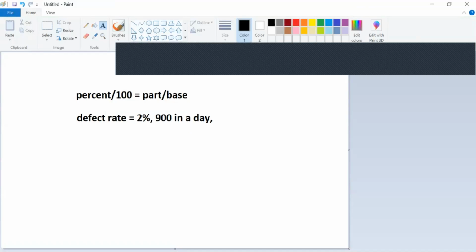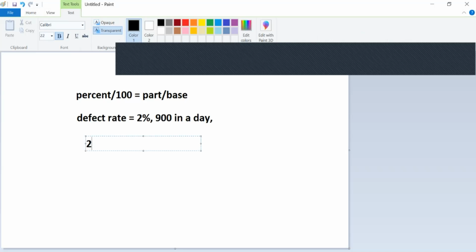So go back to this formula. What we're doing is solving for this P right up here. So this becomes 2%, 2 divided by 100. That's the rate divided by 100, is equal to the part, which is X in this case, divided by the base of 900.